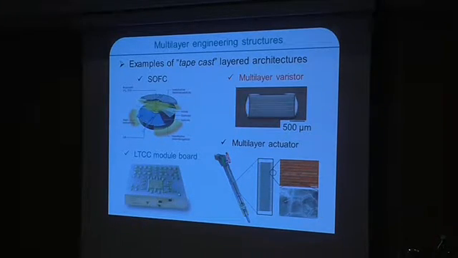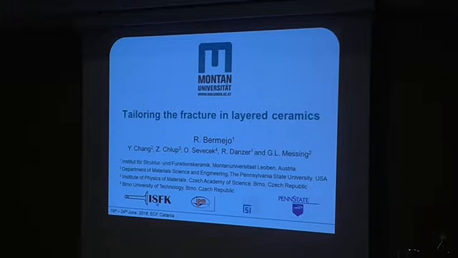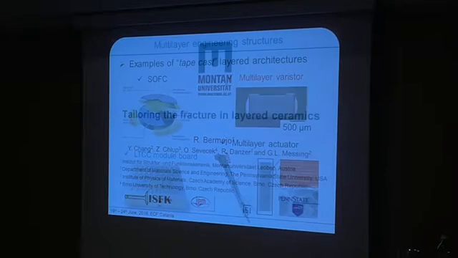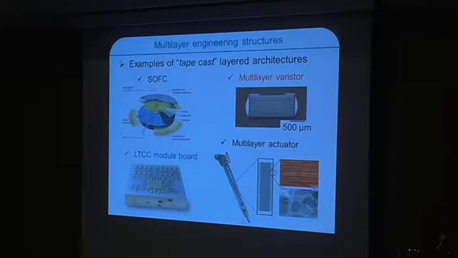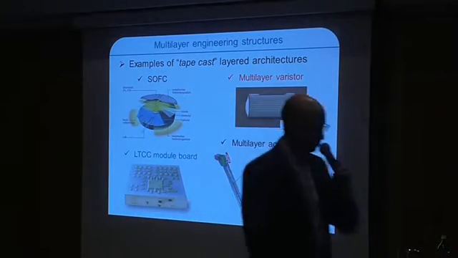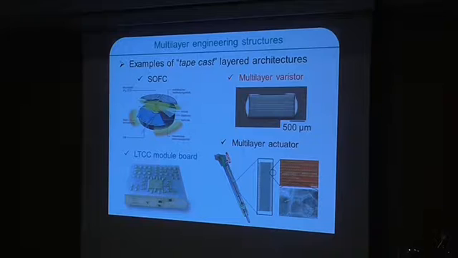So first, the motivation of why we use layer structures. When we are interested in these layer structures, you can find many examples of applications where layer ceramics or ceramic layers are combined together to reach a certain functionality.